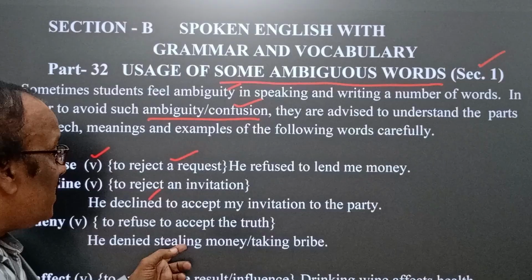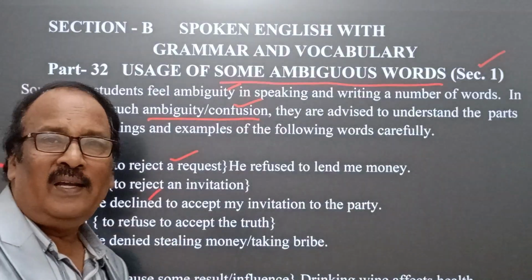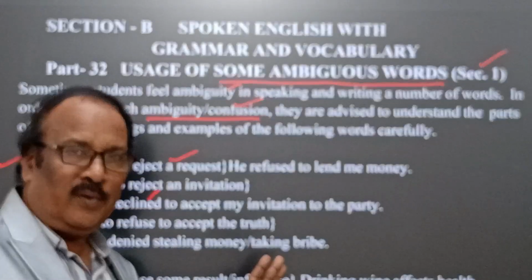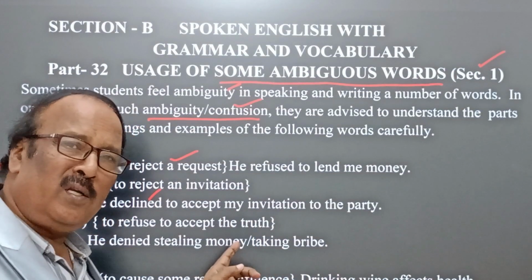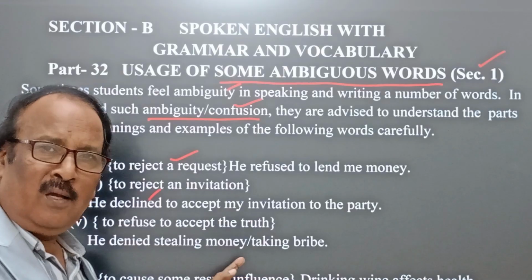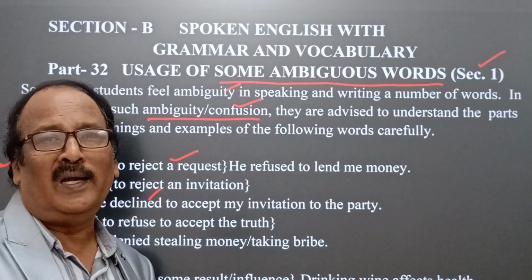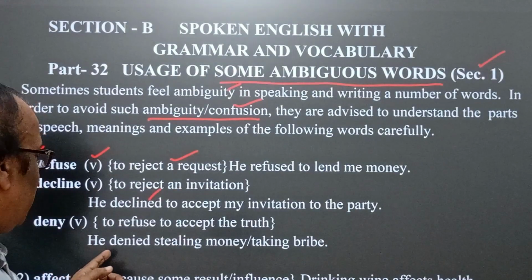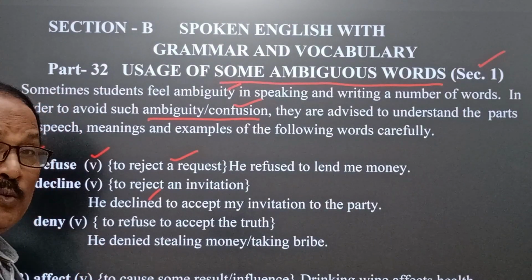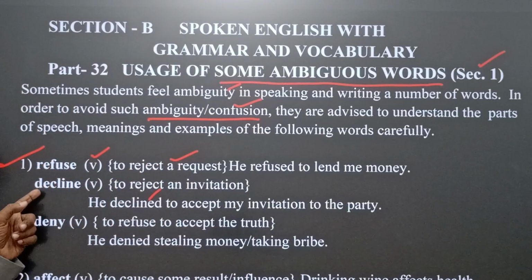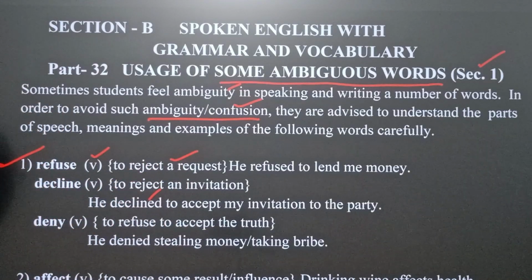He denied stealing money, or taking a bribe. You see here, he has committed the mistake, he has stolen the money or taken a bribe, but he is not ready to accept it. In this connection we use denied. So this is the difference between refuse, decline and deny.